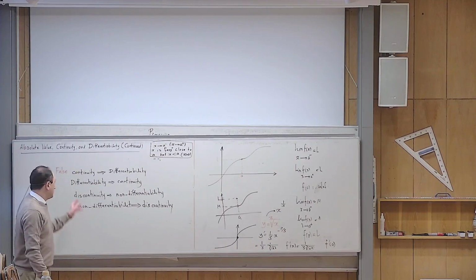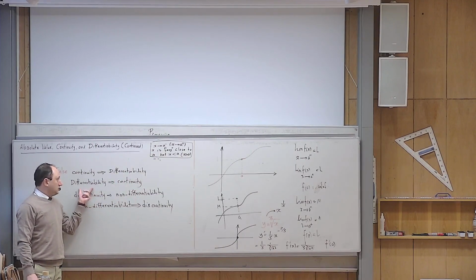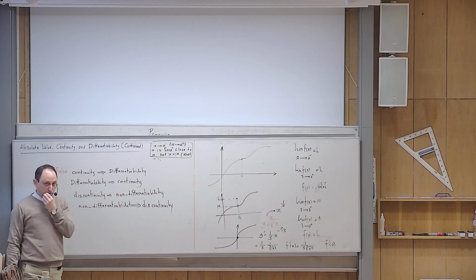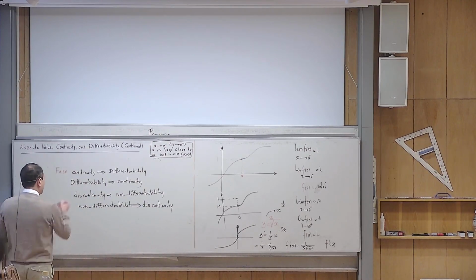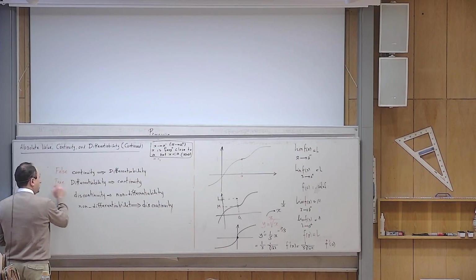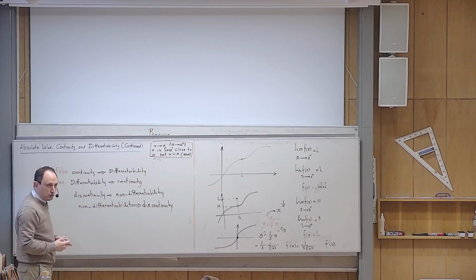I am telling you, differentiability implies continuity. If you say no, it means you were able to find a point which is differentiable and not continuous. But this cannot happen. So this is true. By the way, it's an important theorem. I didn't prove it rigorously for you; I relied on your intuitions only.